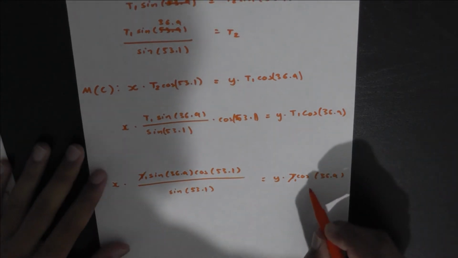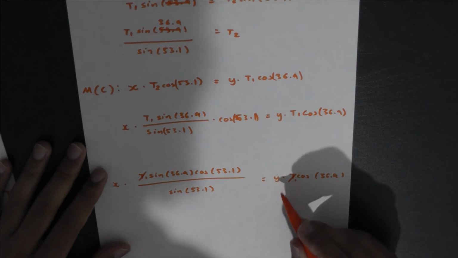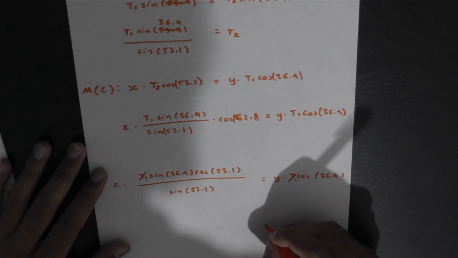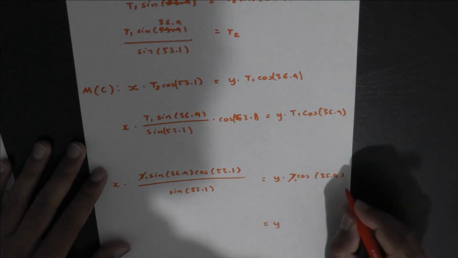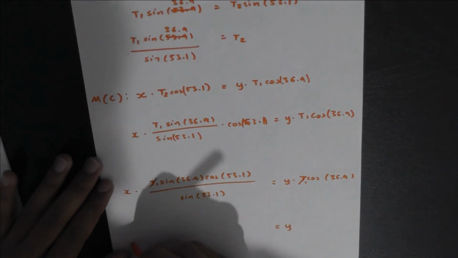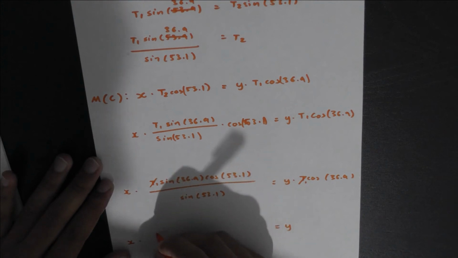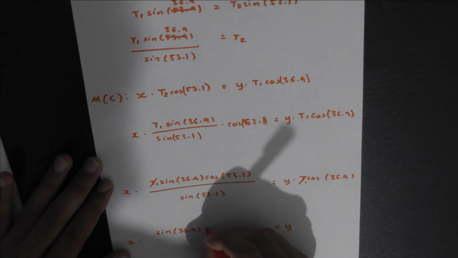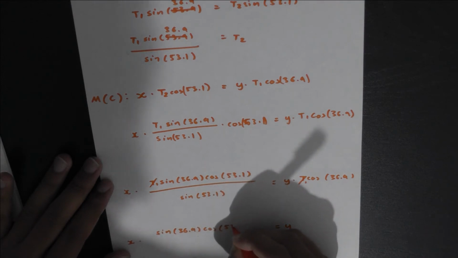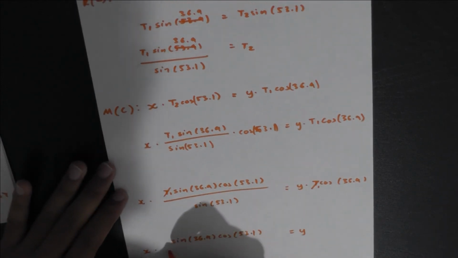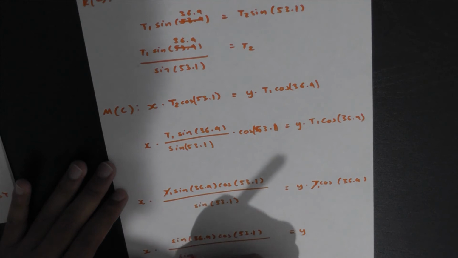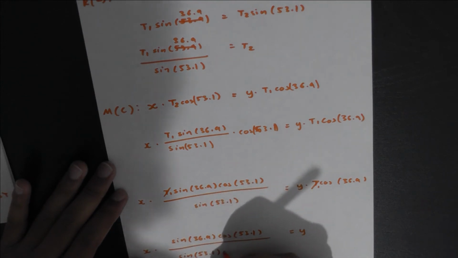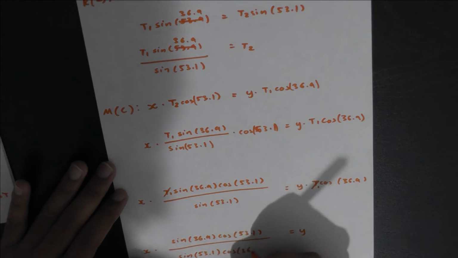So now we can get y on its own, because that seems the easier side to get on its own. We can do that by dividing by cos 36.9. So x times sine 36.9 cos 53.1 over sine 53.1 times cos 36.9.